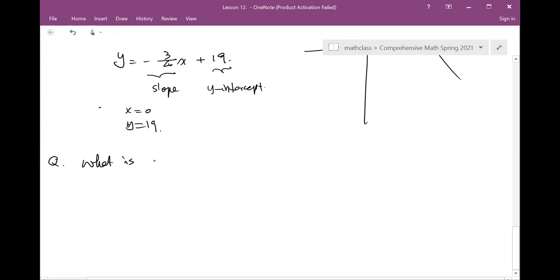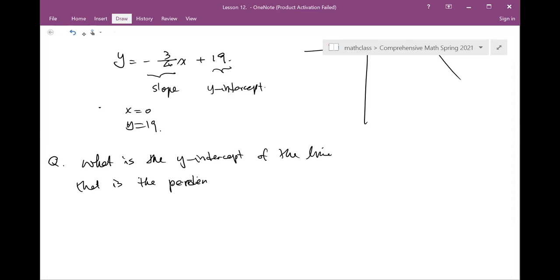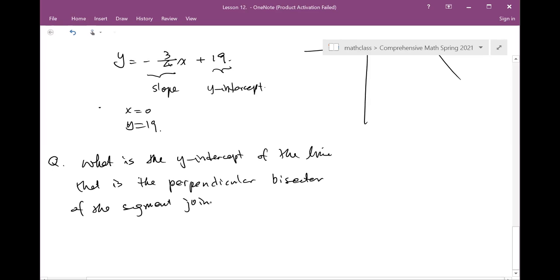What is the y-intercept of the line that is the perpendicular bisector of the segment joining those two points?